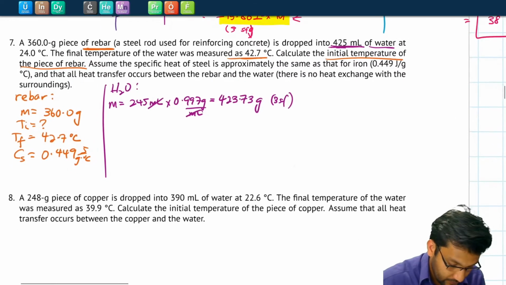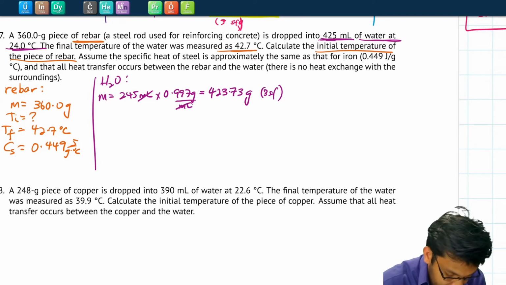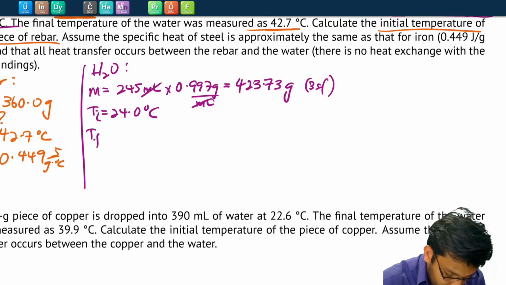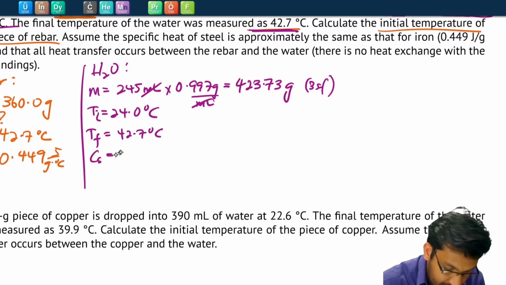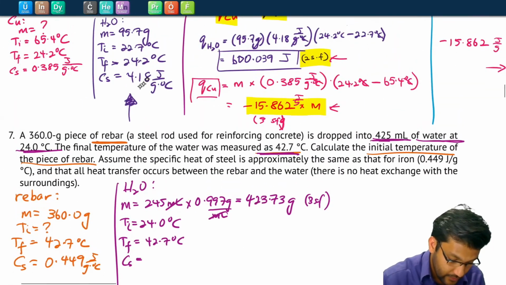All right, the initial temperature of the water was 24.0 degrees Celsius. The final temperature of water was 42.7 degrees Celsius. And the specific heat capacity of water, which they don't give us in the question, but we've used so often, we know what it is.